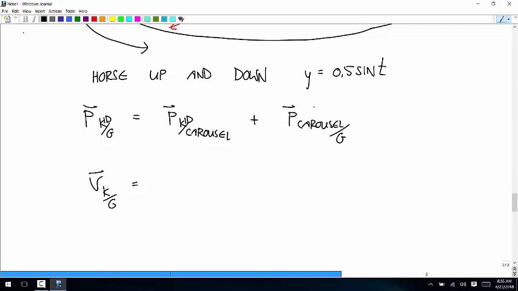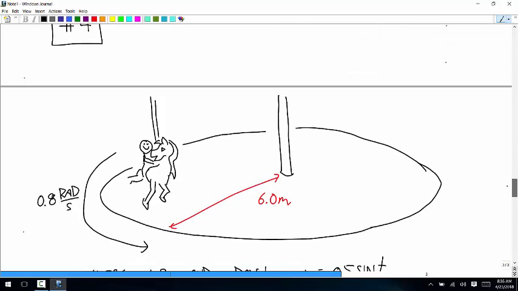It's still the same relative motion equation. And so the position of the kid relative to the carousel is 0.5 sine t. That's if our coordinate system does this.